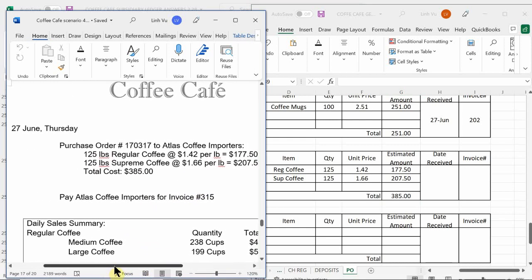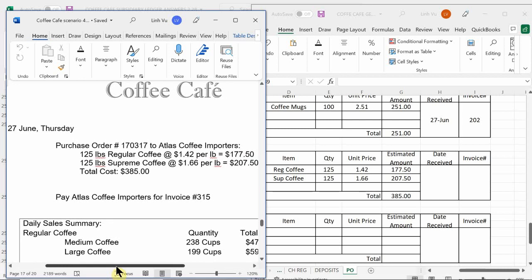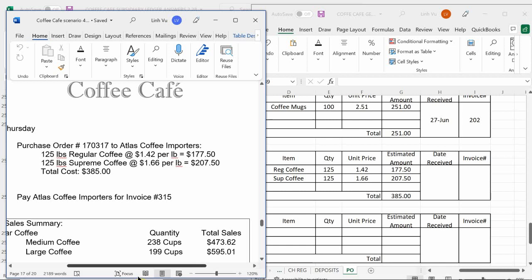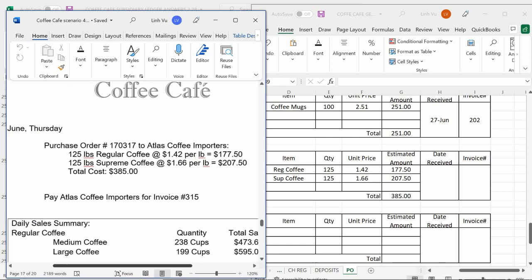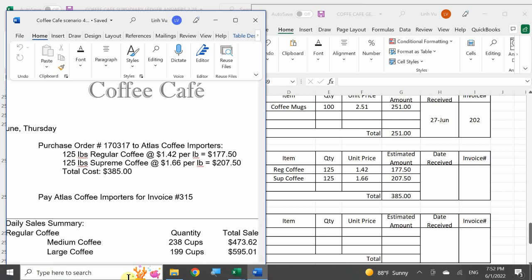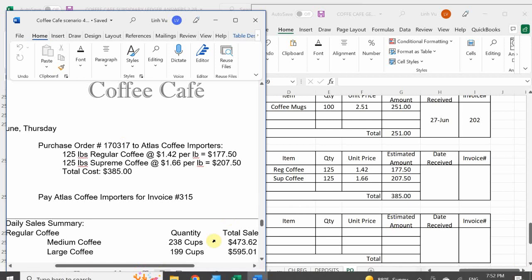Then it says we made a payment to Atlas Coffee Importers for invoice number 315. Oh, we finally made a payment to Atlas Coffee Importers. Okay. Invoice number 315.